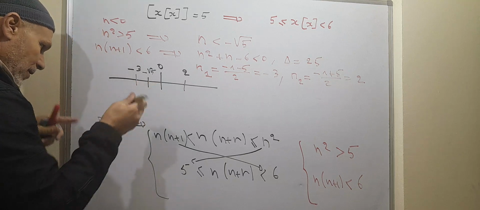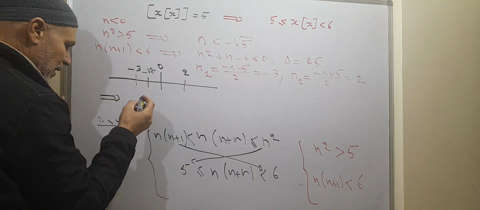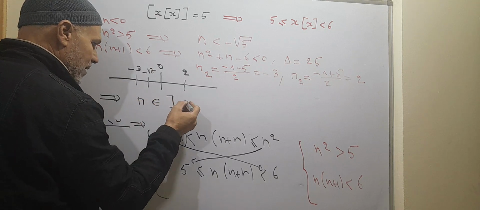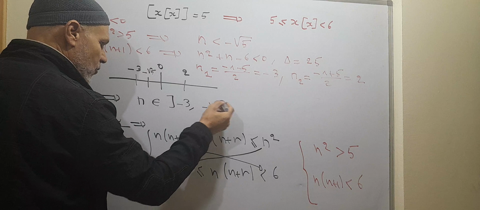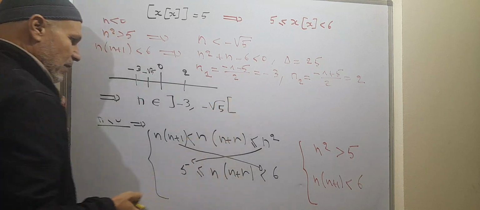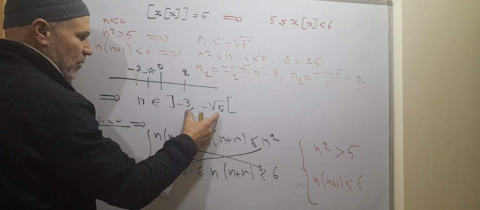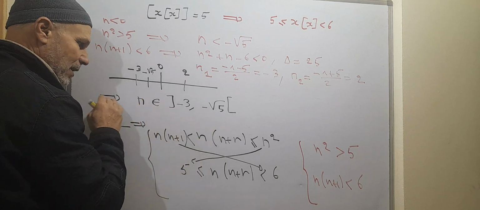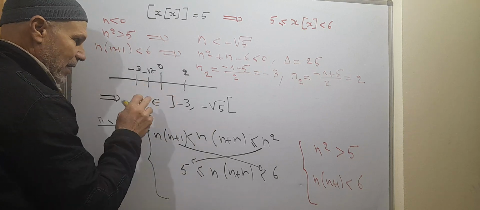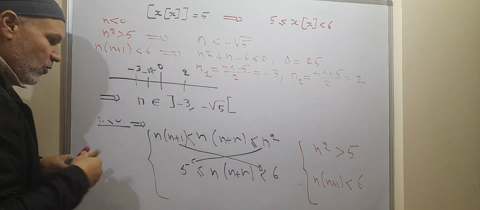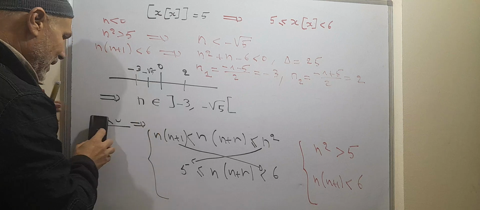So from this we have that n belongs to the interval from minus 3 to minus the square root of 5. There is no integer between these two numbers. This means that it is impossible, we cannot find n. So in the case when n is negative, we have no solution. Okay, nice.